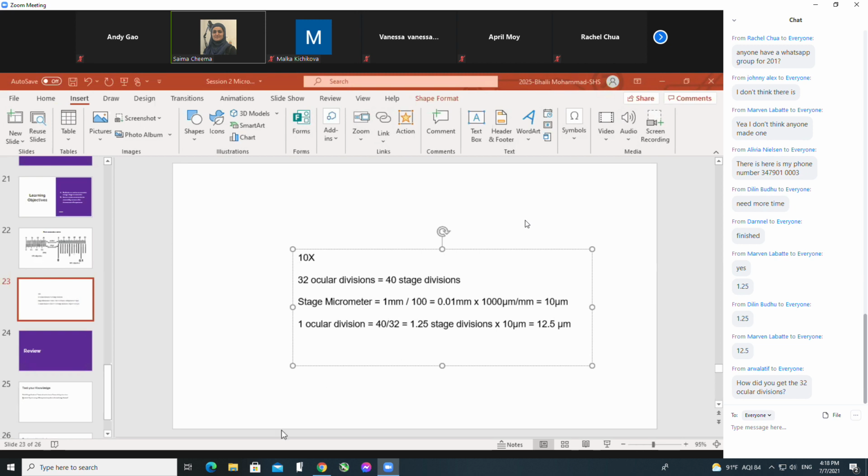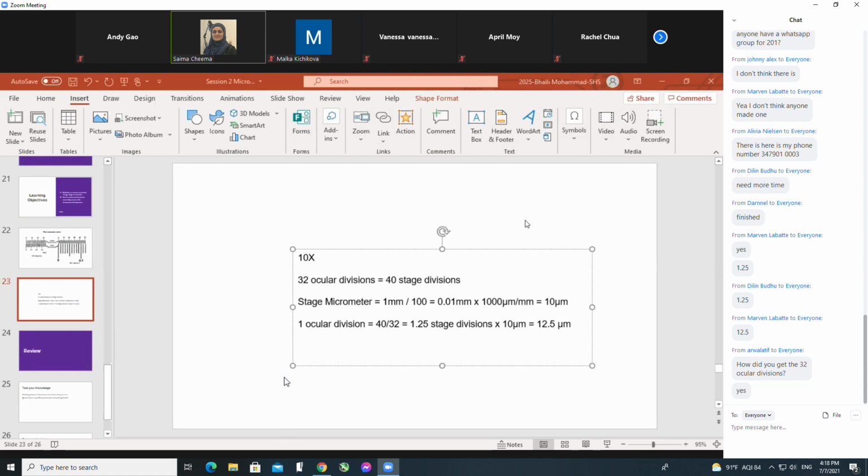If you look at the ocular ruler, notice it reads from 0 to 8, correct? Do you actually have just 8 lines leading up to that? No, right? Between 0 and 1 you have a line that splits it in half, a half mark, and lines that give you a quarter mark and a 3/4 mark.